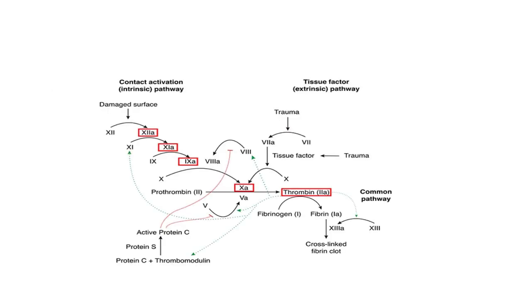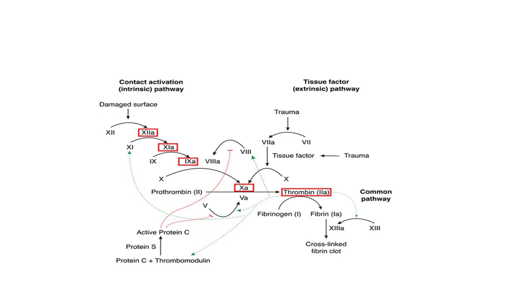This diagram illustrates the coagulation cascade, which consists of two initiating pathways, the intrinsic pathway and the extrinsic pathway. The intrinsic pathway, also known as the contact activation pathway, begins when blood comes into contact with a damaged or negatively charged surface.